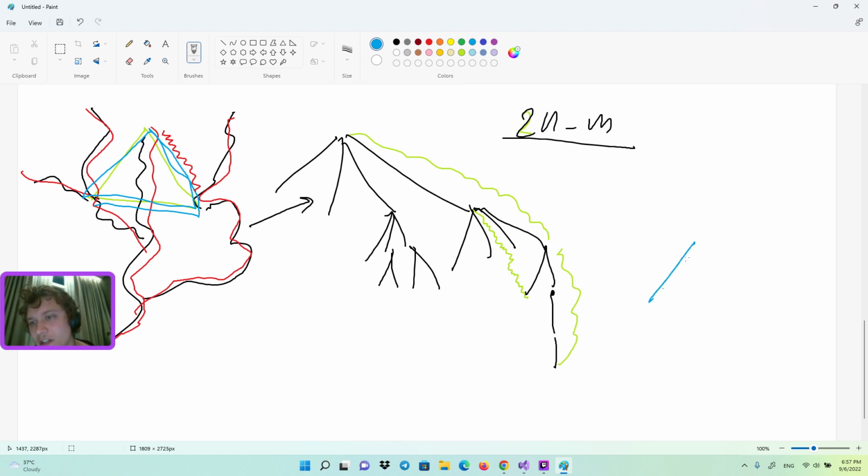For example, we take a triangle. We take any of its neighbors. So, we just take this path.